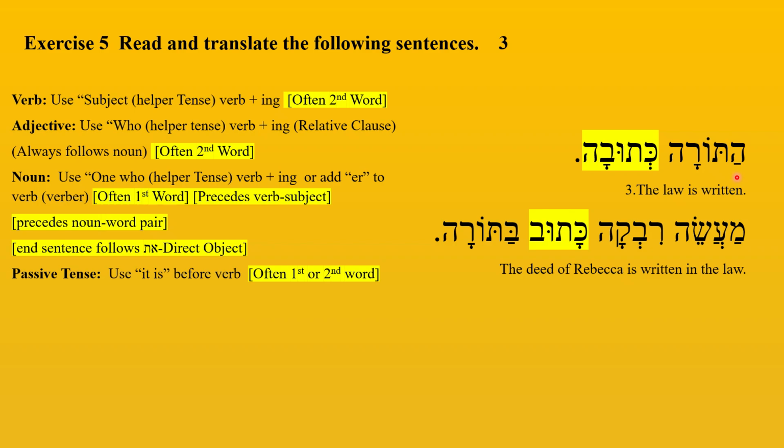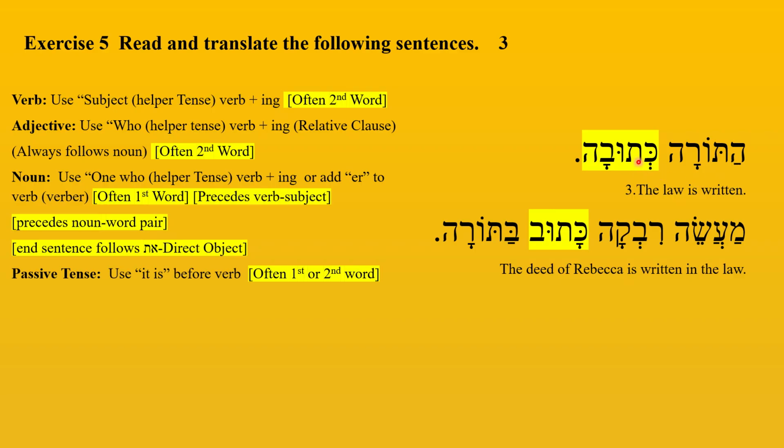Okay, number 3, HaTorah Ketuva. All right, so now your second word is your participle. There's no O here. Oops, but wait, there's an oo. So that tells you it is passive. So you're going to use "it is," or "is." It is the subject, but "is" before the verb.